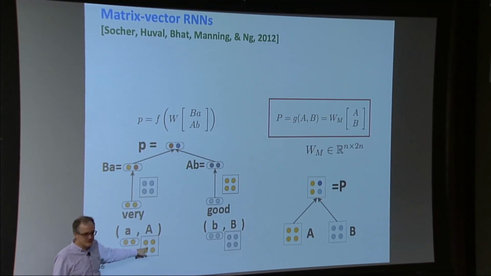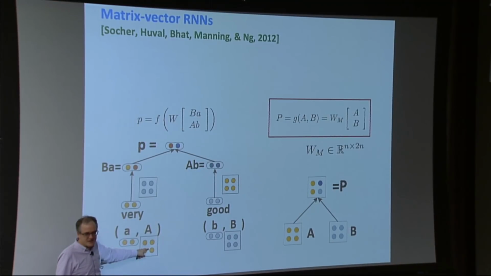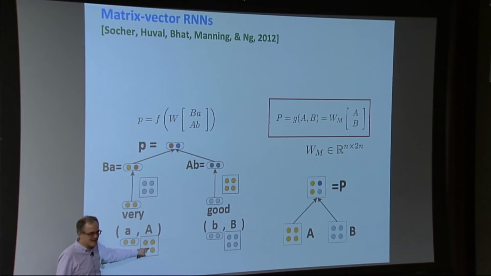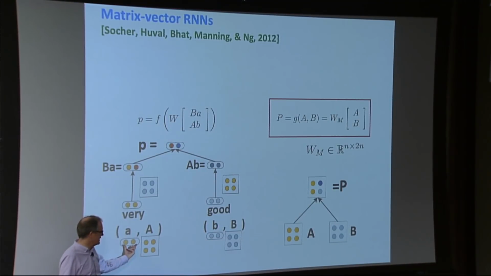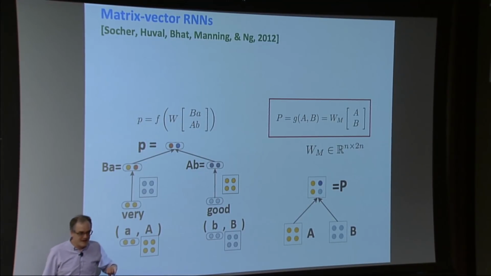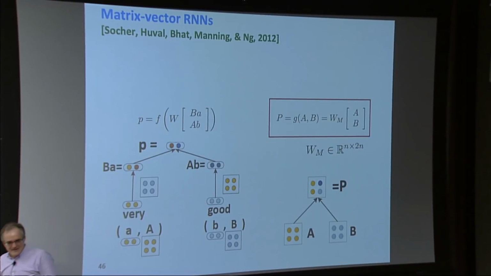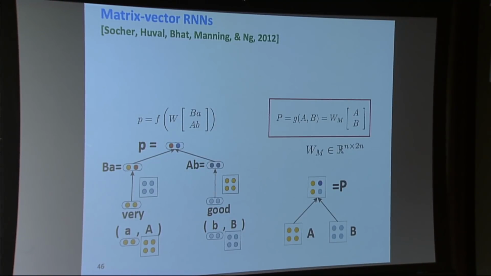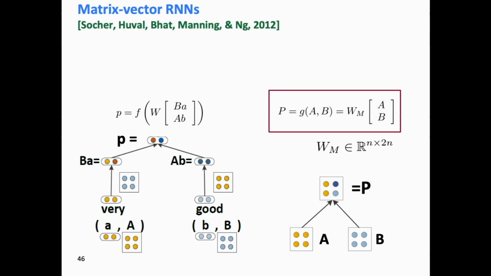Whereas once we introduce this matrix here, we've got that number squared of additional parameters for every word. And essentially, because of that number of parameters, to be able to compute this model at all, we were making the vector size small. So what we were actually using was 25-dimensional vectors, so that the 25 squared, 625, still stayed decently within the range in which we could compute. So that was the first problem.